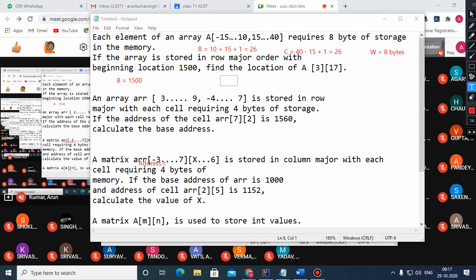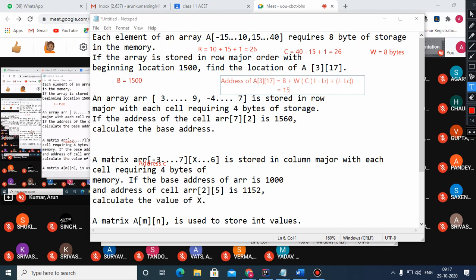Now apply the formula and calculate the location of A[3][17]. So address of A[3][17] will be what? The base address plus word length, and here plus J minus LC. So here apply the values.